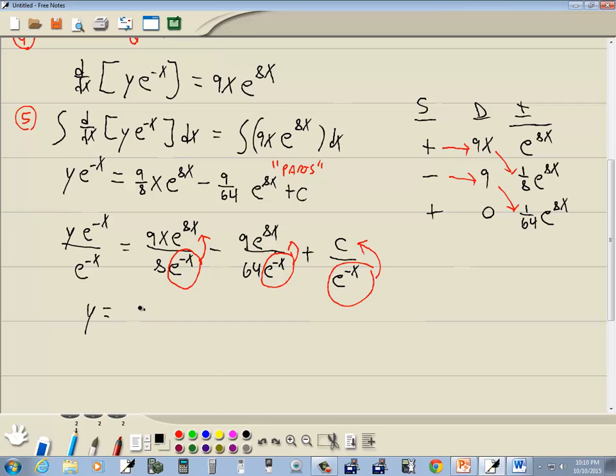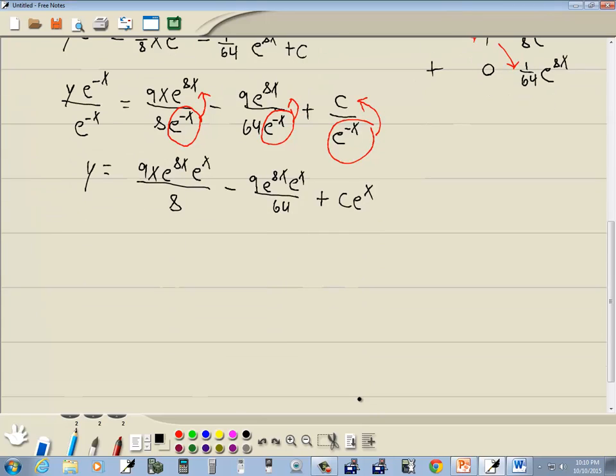So this becomes 9x e to the 8x e to the positive x over 8 minus 9e to the 8x e to the positive x over 64 plus c e to the positive x. Well, e to a power times e to a power, you add the exponents.